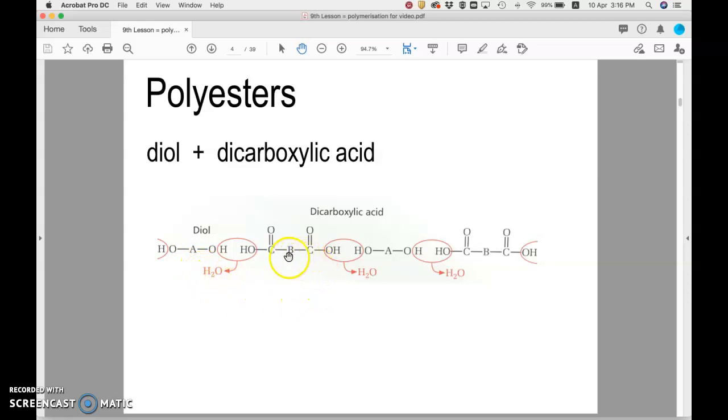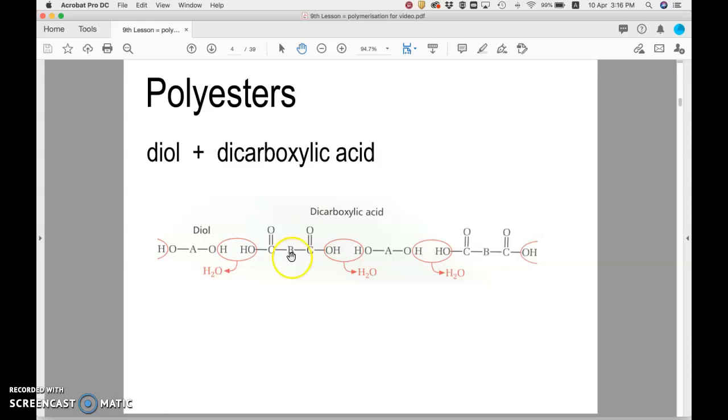So this here is a dicarboxylic acid. It's got the carboxylic acid at both terminal ends. So it's got it here at the beginning and it's got it here at the end. And I've got some more examples that I'll bring up, but what this B is not important.